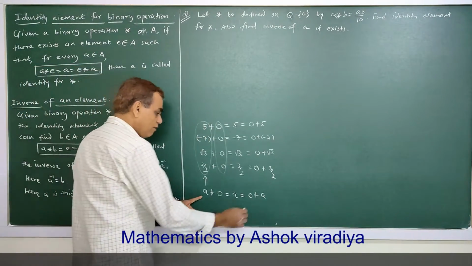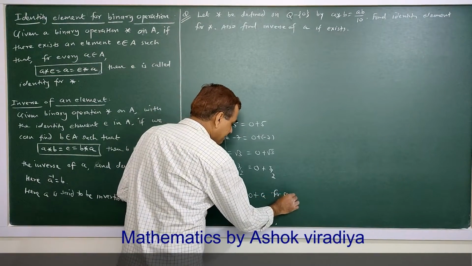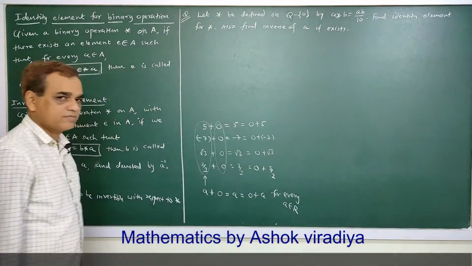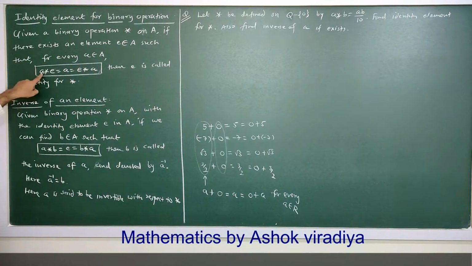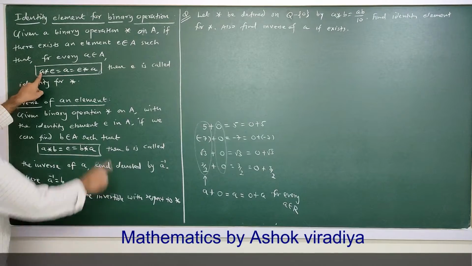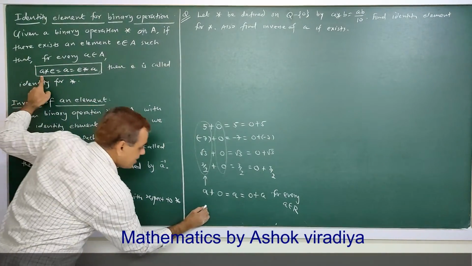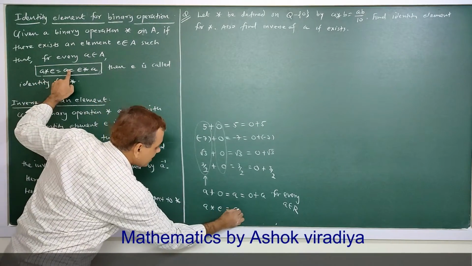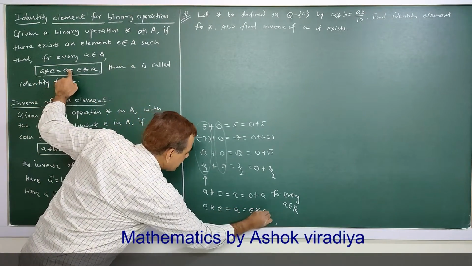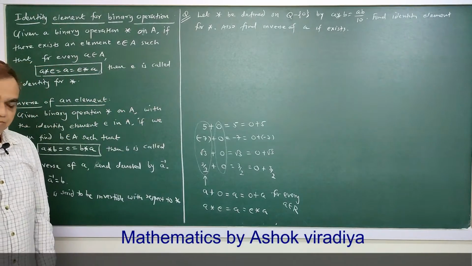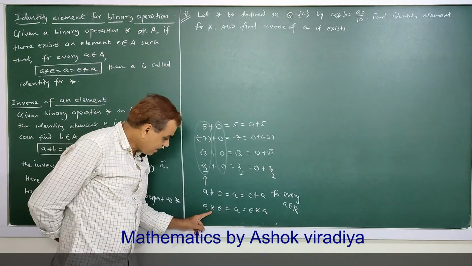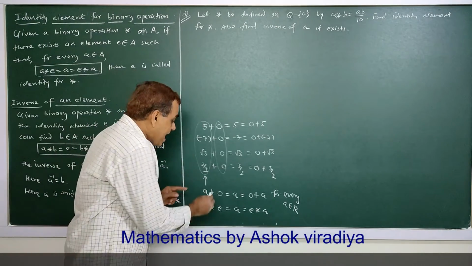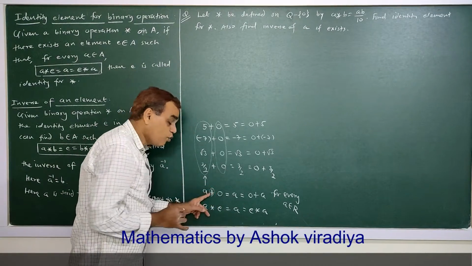This is true for every A belonging to R. Now look here. You can match with this statement. A star E is equal to A is equal to E star A. This symbol we use for binary operation, and we know that addition is also a binary operation.